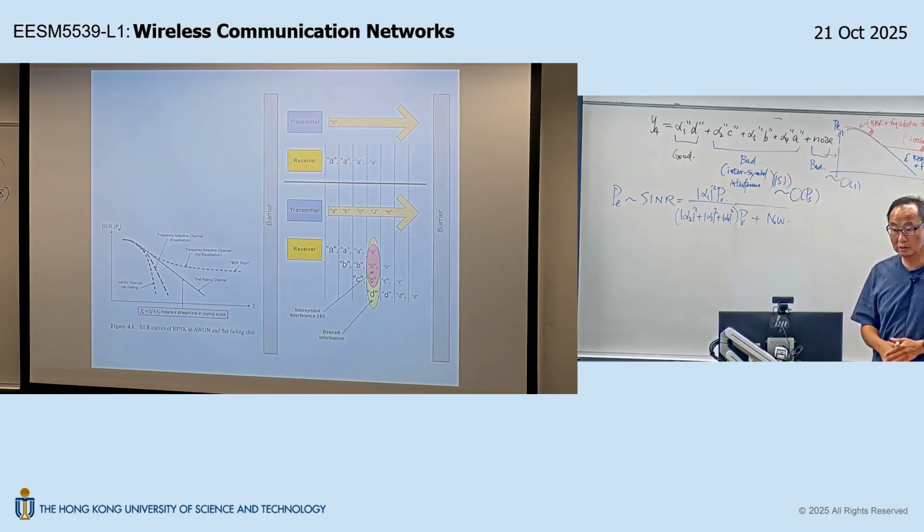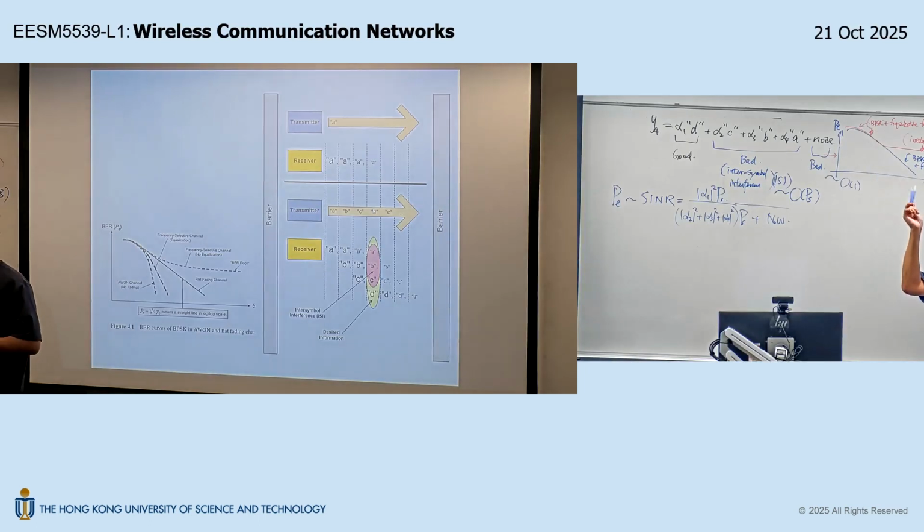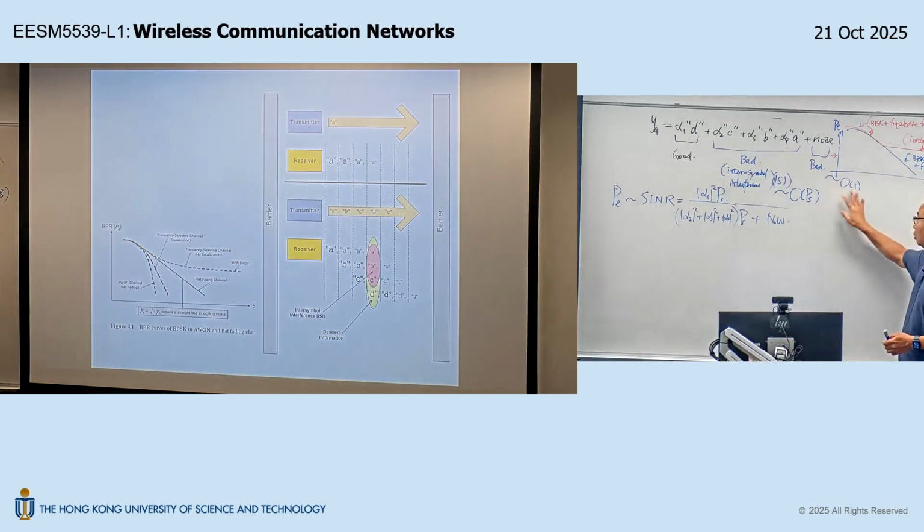If I'm not talking, you still hear the fan noise, right? Would the fan noise power depend on how large the power I transmit? No, right? Even if I'm shouting, the fan noise power is still the same. Okay, so the background noise always has a constant power, independent of your transmission power.